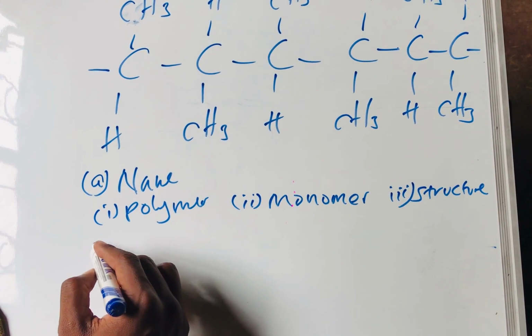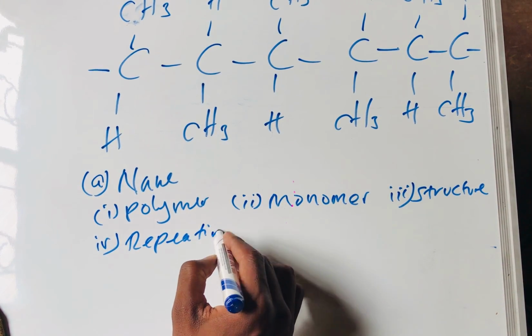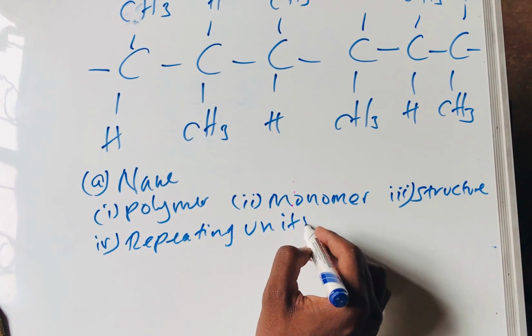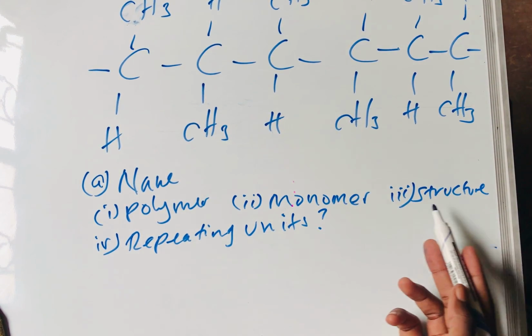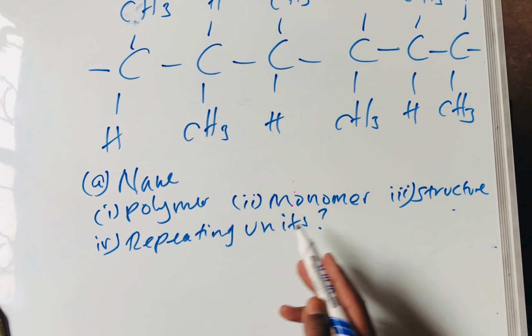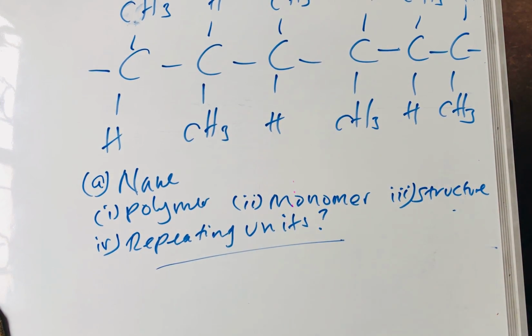And then also, how many repeating units can you see here? So name the polymer, name the monomer, draw the structure of the monomer. How many repeating units are in this compound right here?